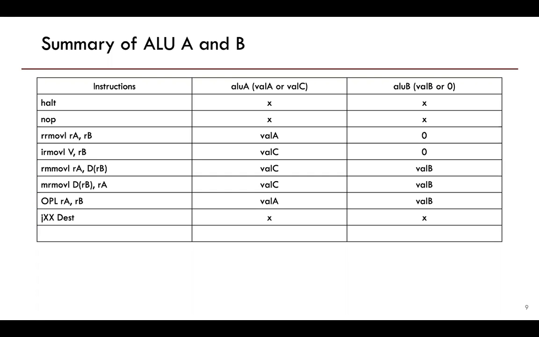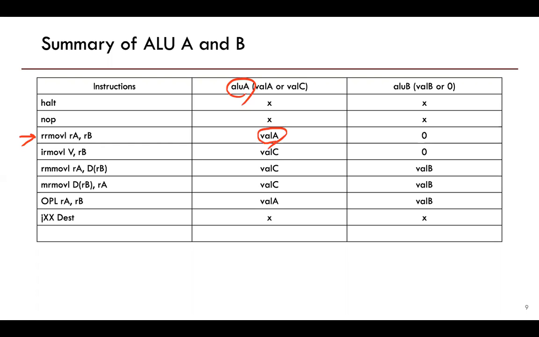Anyway, so for the RR move instruction, for ALU A, which value do we have to take? Value A or value C? It's simple. We don't have value C in this instruction. Definitely we need to select value A.